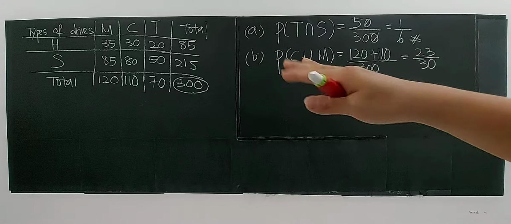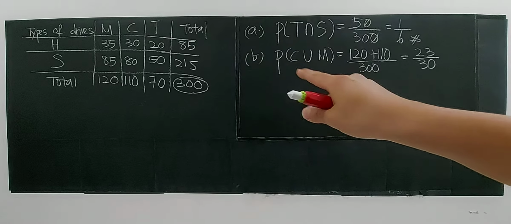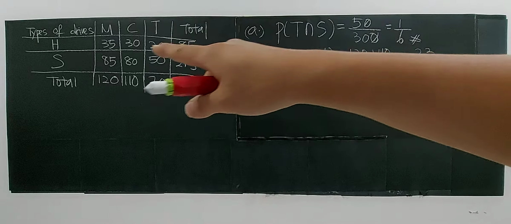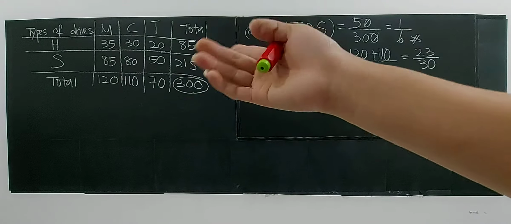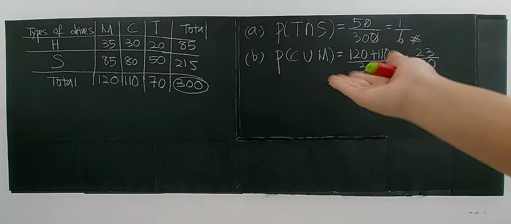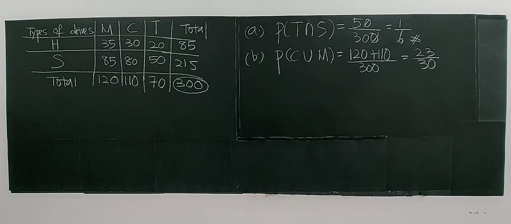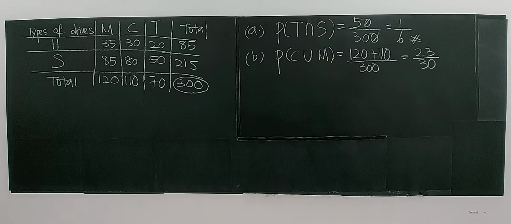No, right? It's actually mutually exclusive. Later on I will tell you why. Because there is no intersection between these two. Can you say that China and Malaysia have an intersection? Where? No, right? So they are mutually exclusive events. That's why you just add up 120 plus 110. Just add up. So okay, look at C.